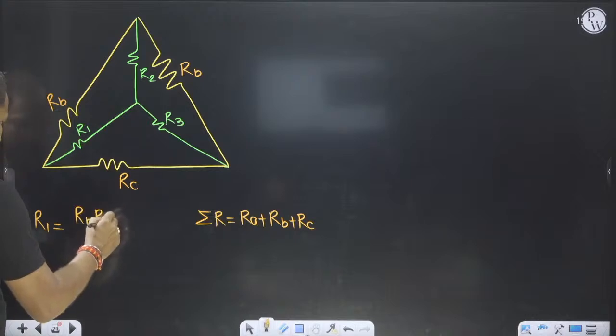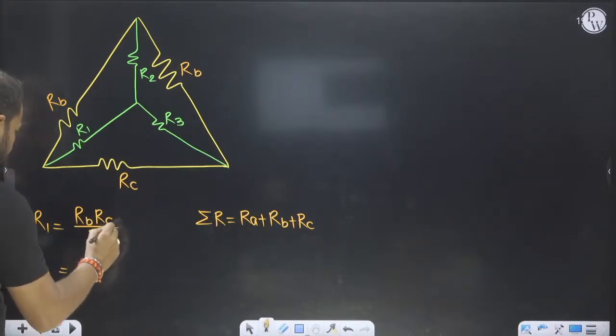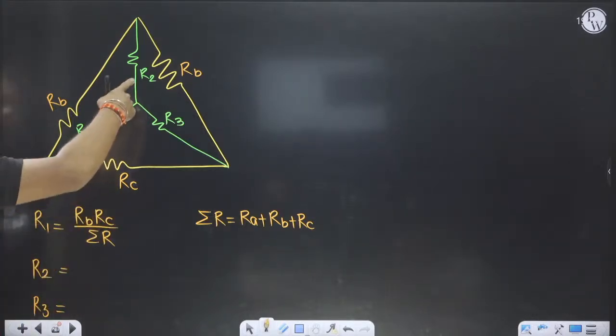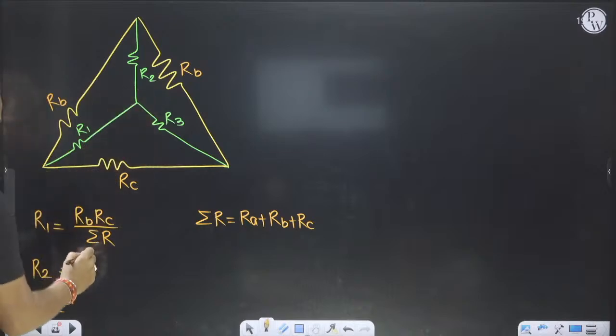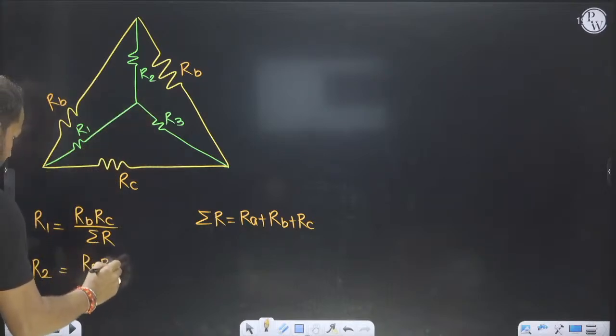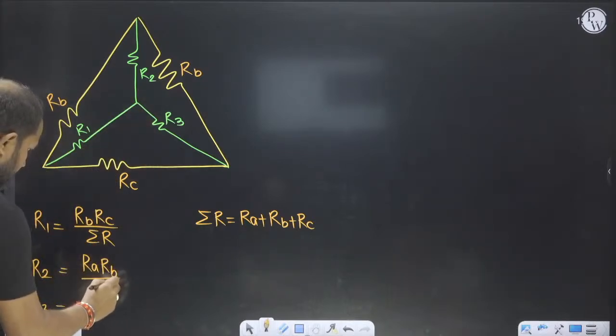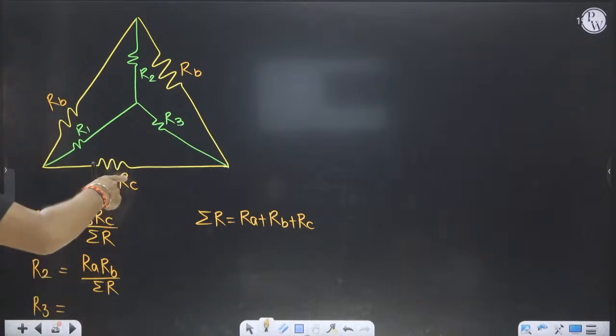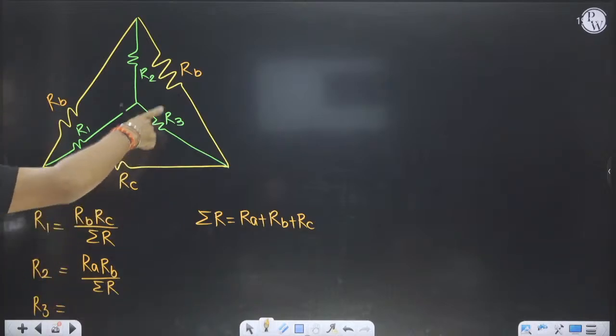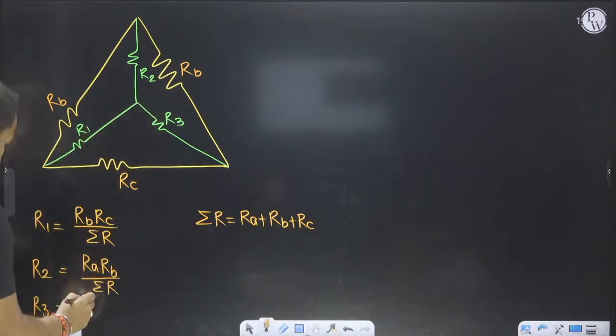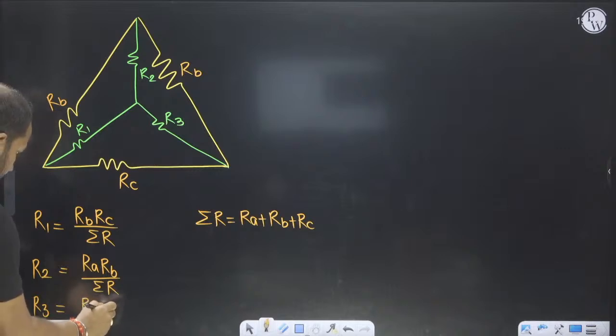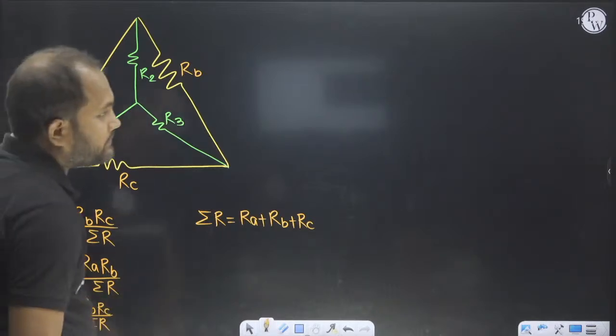So RB RC divided by summation of R. In place of R2, RA RB is there. So RA RB divided by summation of R. For R3, RA RC is near. So RA RC divided by summation of R. So this is the point here.